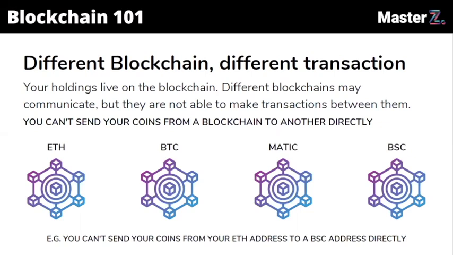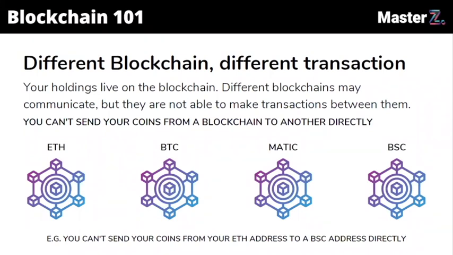There's Ethereum, there's Bitcoin, there's Polygon, Matic, there's Binance, BSC, and you cannot send coins from one blockchain to another directly. I mean, you can do it with different technologies, with bridges or other stuff, but you cannot send your Ethereum from an Ethereum wallet to a Matic wallet.